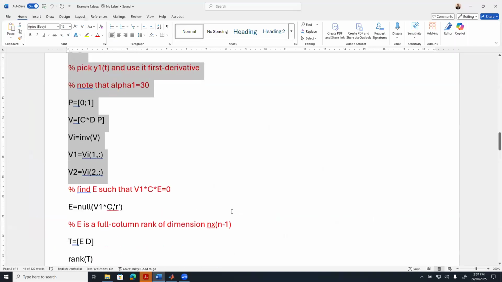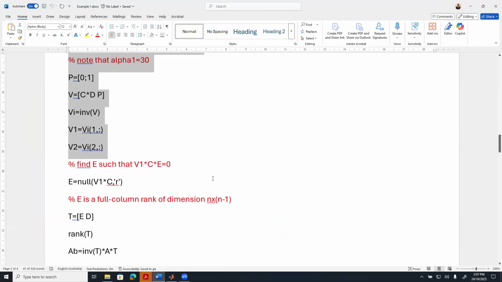And then after that, we're going to compute matrix E. Now remember, we say that matrix E is the orthogonal null space of the null space of the row V1C. So this is the command for evaluating matrix E. It's null of V1C.